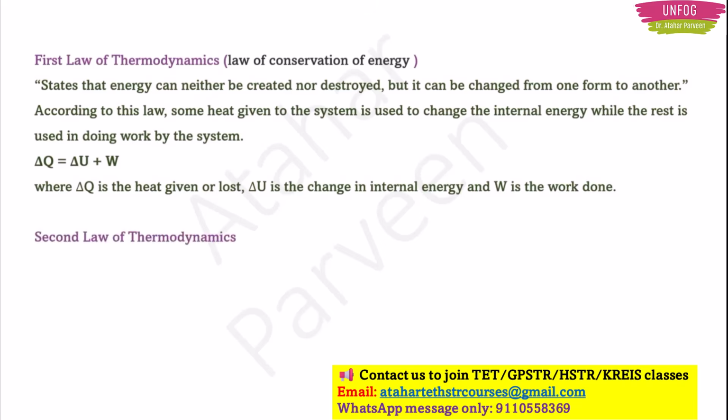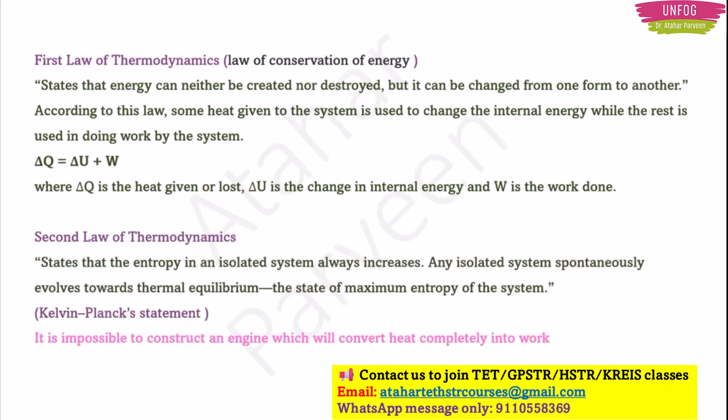Now the second law of thermodynamics. It states that the entropy in an isolated system always increases. That means the disorderliness always increases. Any isolated system spontaneously evolves towards thermal equilibrium, meaning there is a state of maximum entropy of the system. The second law of thermodynamics is also known as the Kelvin-Planck statement.